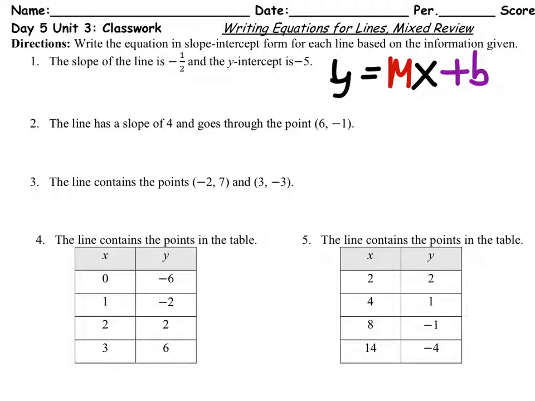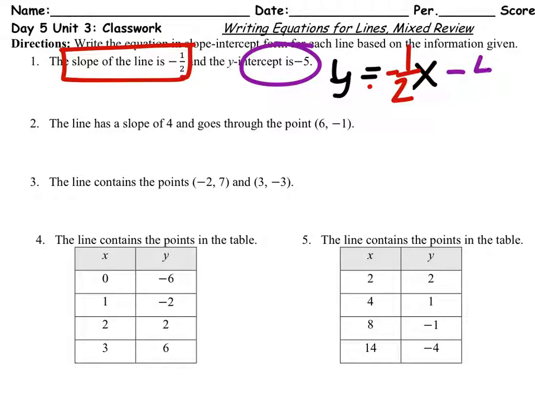Up here they told us that the slope of the line is -1/2, so I'm going to replace my slope with -1/2. Then I will replace my y-intercept with the value they gave us, which in this case was -5. There's the equation.